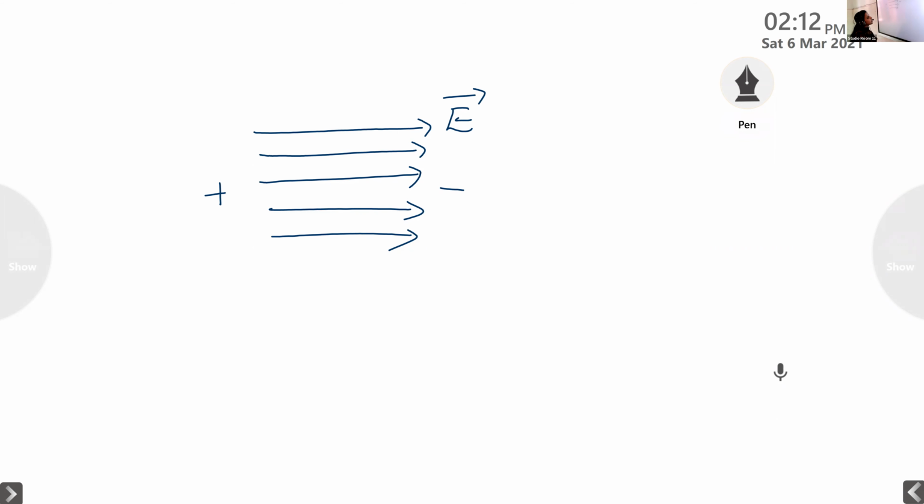Now, in order to explain this, we want to consider an electric dipole inside this uniform electric field.